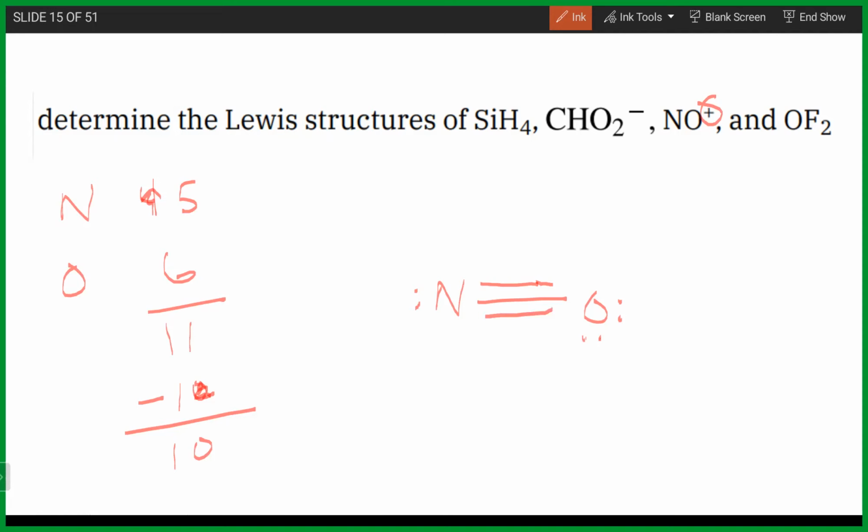So we've just got to form a triple bond by removing a second set of lone pairs from that oxygen. And now when we look at it, the triple bond represents 6 electrons that count for each of those atoms. And then nitrogen's getting the 7th and 8th from its lone pair, oxygen getting its 7th and 8th from its lone pair as well. And it uses 10 overall. So we're just going to put this structure in brackets and then put the positive sign there.